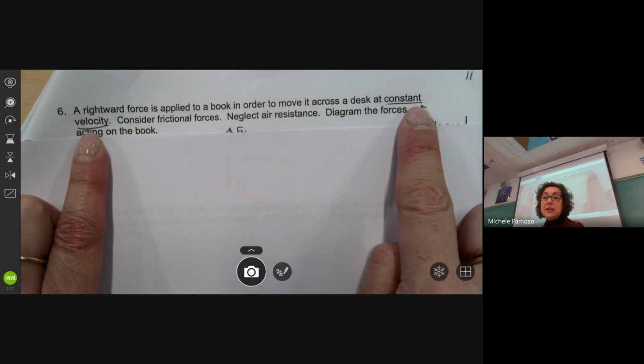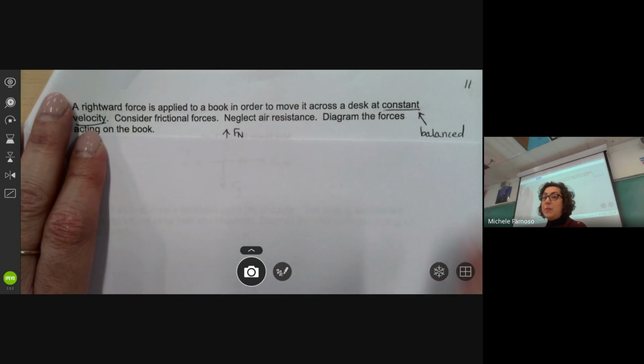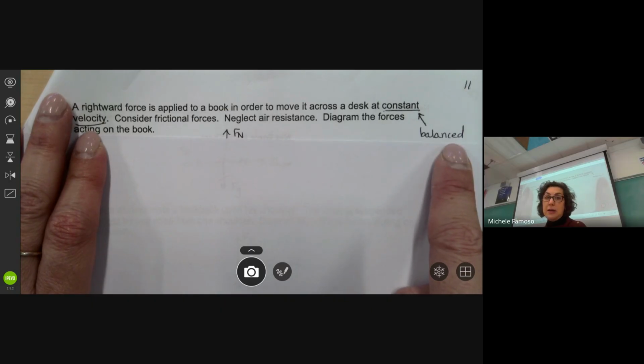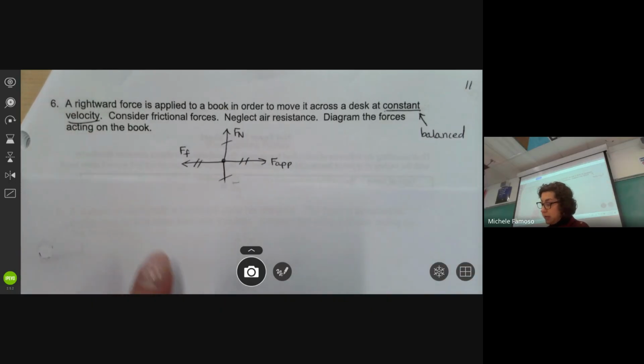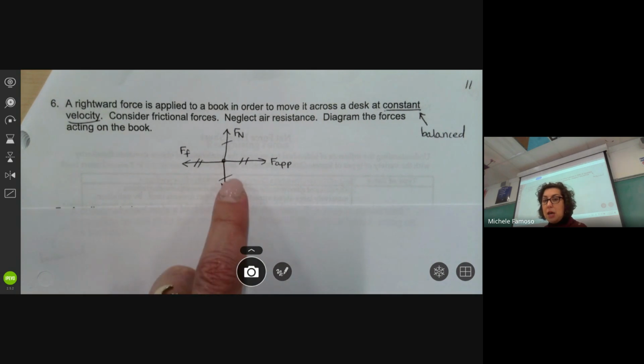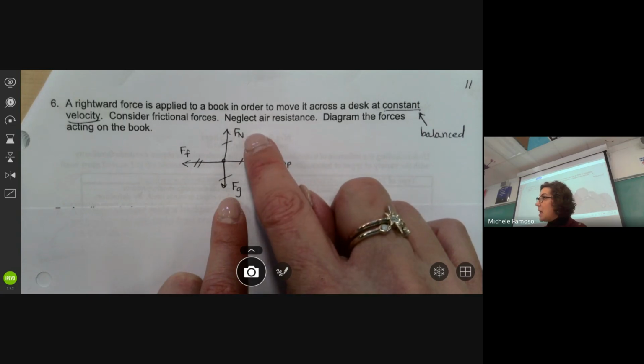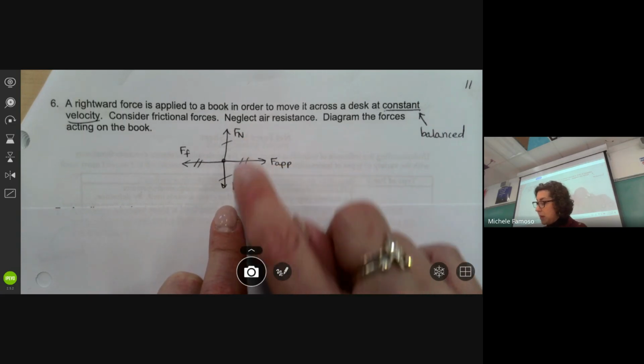Okay, number 6. Notice it says constant velocity. So that's a clue right there that you should have balanced forces acting on this book. This is what your diagram should look like. There's the book in the center. I'm going to have the weight pulling it down, FG, the table pushing back up, that's FN. Those two have to balance.